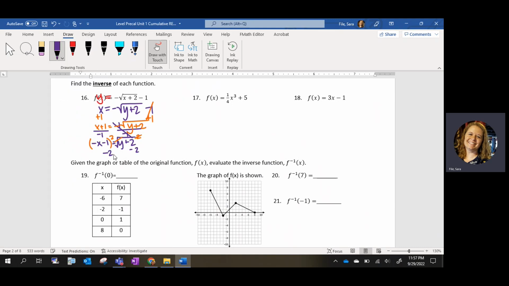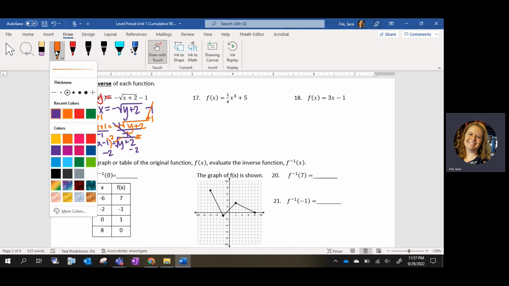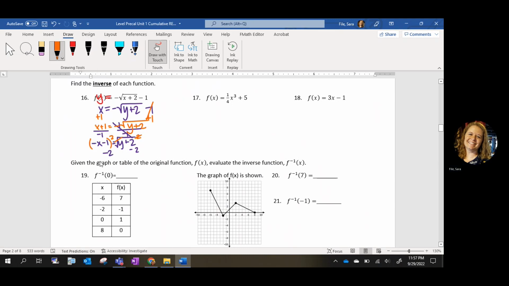But when I do that now, because this -1 is in parentheses squared, I cannot combine those. So those have to stay separate. So I end up having negative x minus 1 squared, and then minus 2 on the outside. And that is my inverse function.